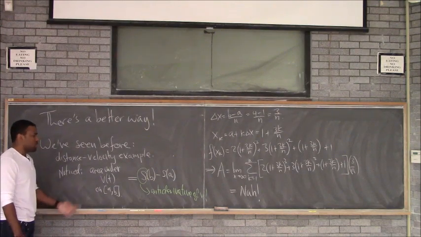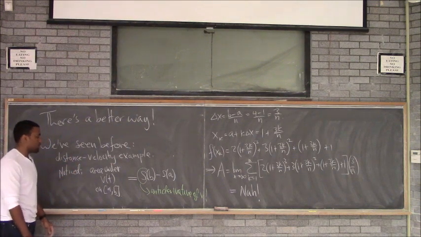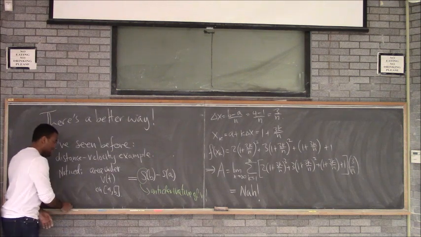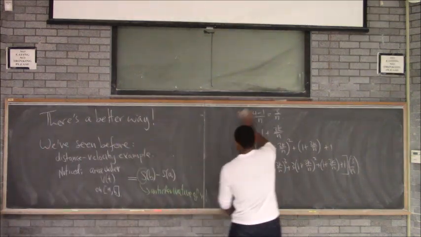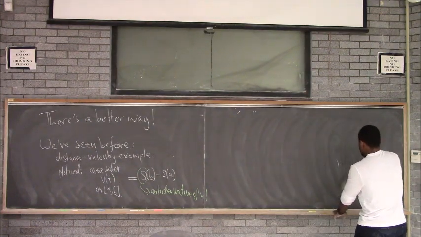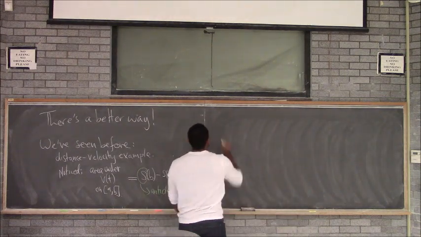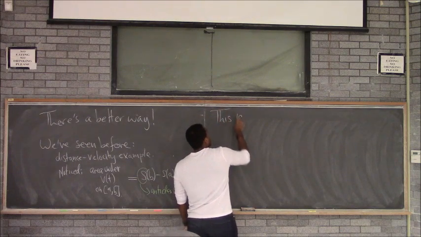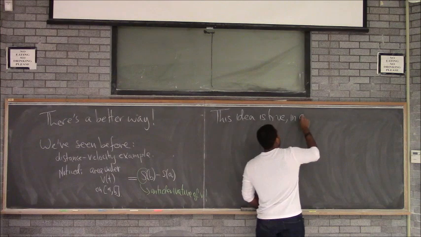Even if we weren't talking about distance and velocity, and I couldn't actually see this on the picture, and the functions weren't that nice, could something like this actually work out? And it turns out the answer is yes. Something like this works out in general. This idea is true in general.